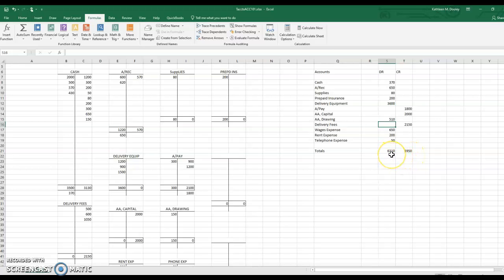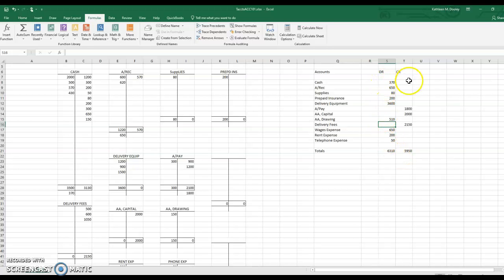So I find the difference between the 6310 minus the 5950, that's the credit total, and that's $360. So, difference. I divide that in 2, 360 divided by 2 is 180.